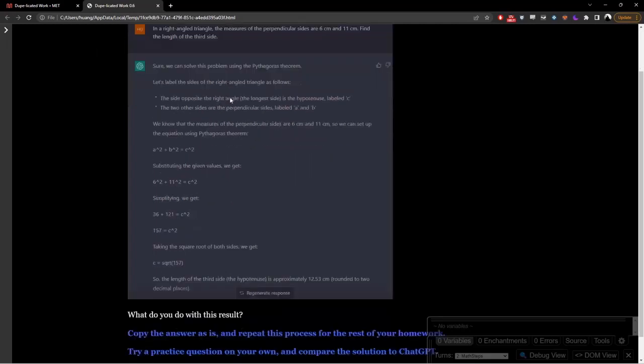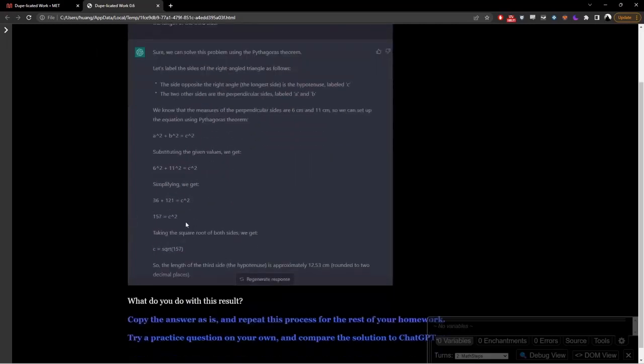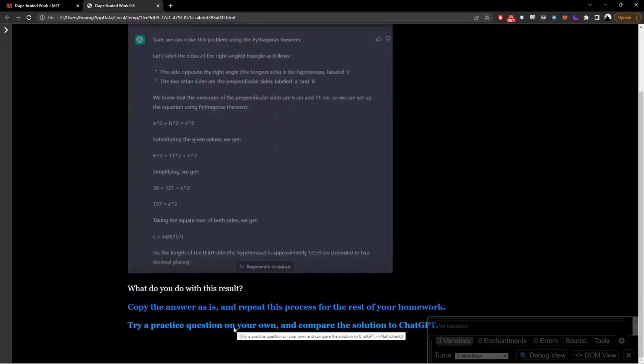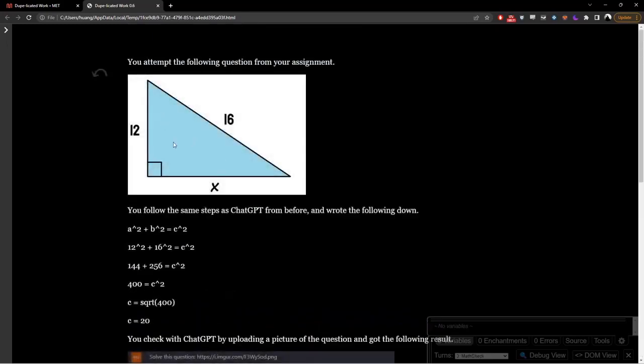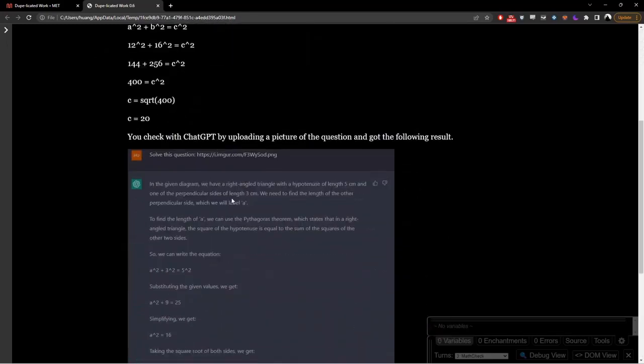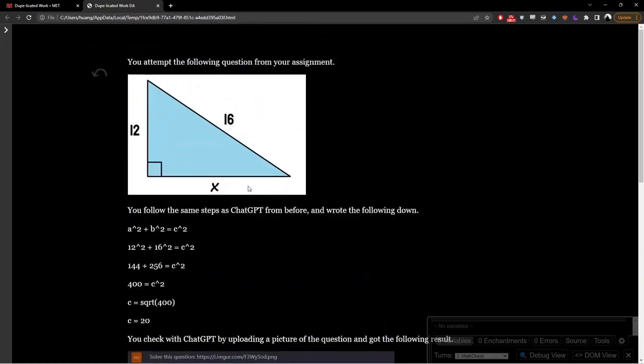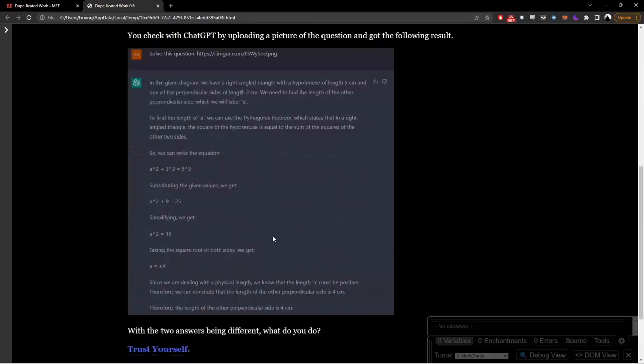Getting it to solve a practice question, we ran into something similar too. With word questions, it was generally pretty okay. This was able to get us the right answer. However, if we were able to submit an image, for example, this one, ChatGPT actually misread the image. So here it says that the hypotenuse is 5 centimeters and then the side length is 3, but in reality the image was 16 and 12.